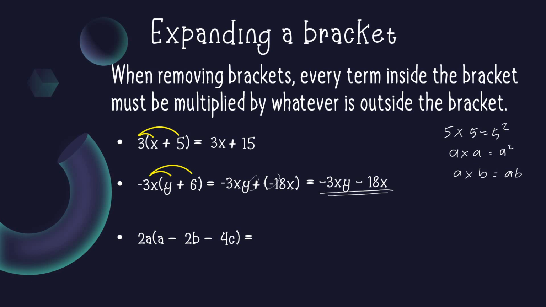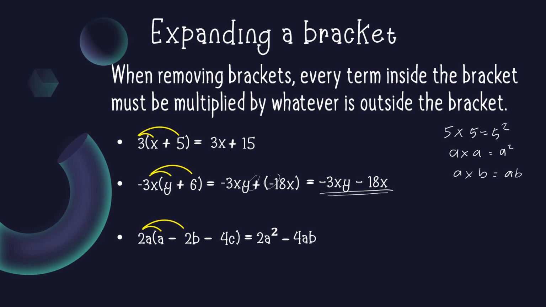Next is this one. 2a times a minus 2b minus 4c. Same, we will multiply it one by one. 2a times a. 2 times a becomes 2a squared. And then minus 2a times 2b. 2 times 2, 4.